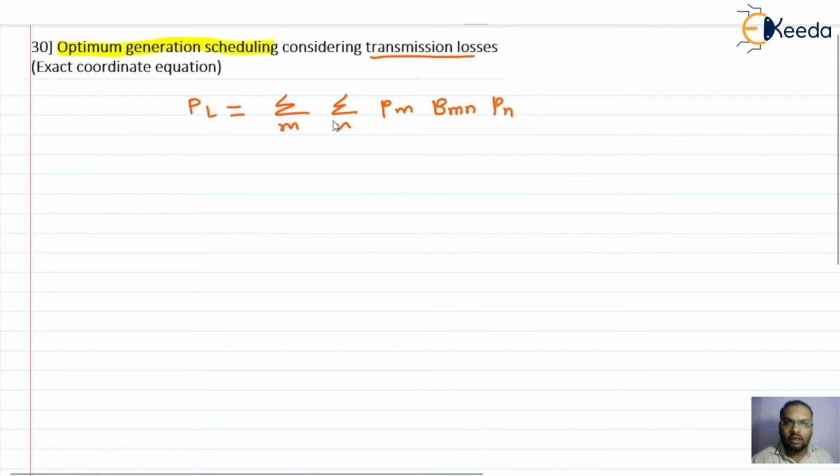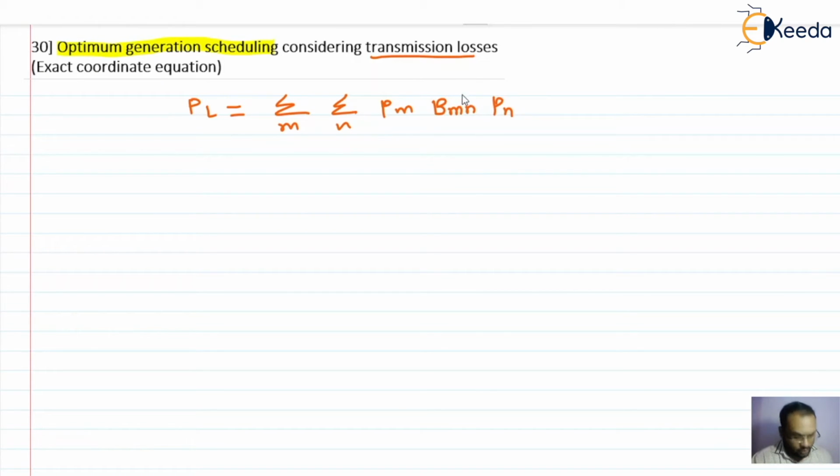From this we can conclude that the power loss can be expressed in terms of the power outputs of the generators. Pm is the power output of the mth generator and Pn is the power output of the nth generator.